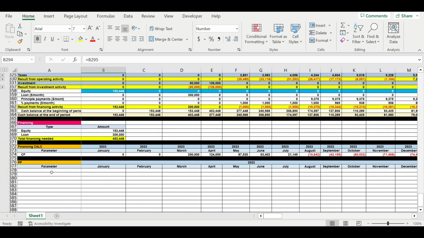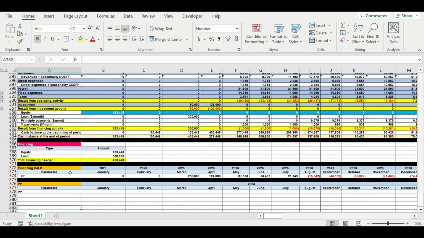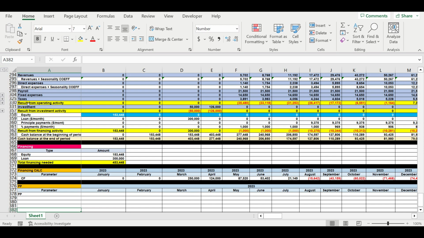So how can we calculate this parameter? We can take the result from operating activity, add the result from investment activity, and then add the result from financing activity, and then create a cumulative formula.